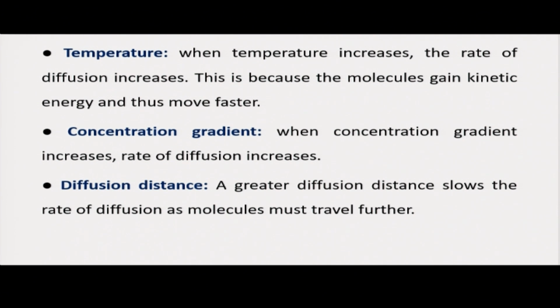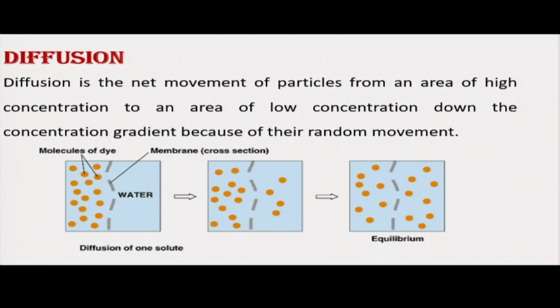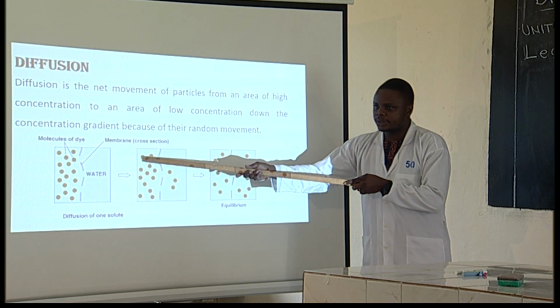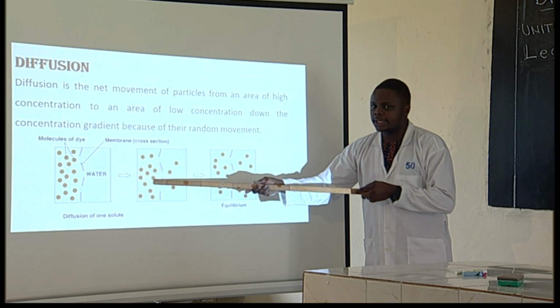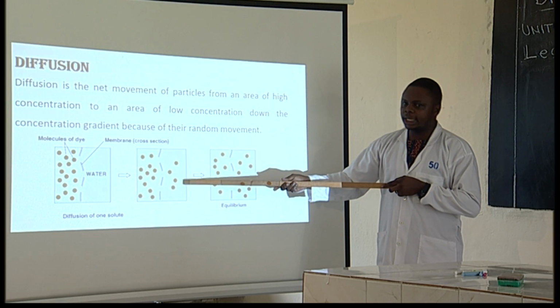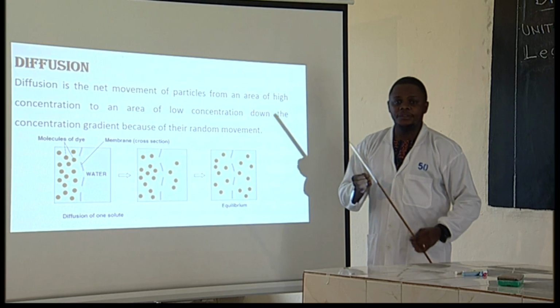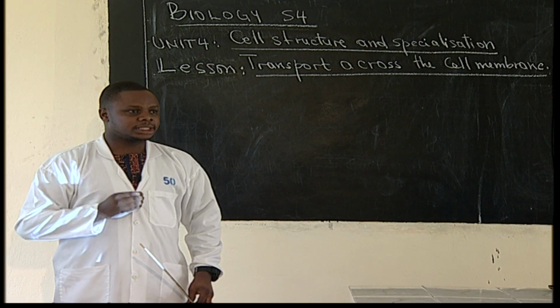Another factor is concentration gradient. Here it's a very good example. You can see particles here are highly concentrated in one place and they are less concentrated in another place. This is what we call the difference in concentration gradient.